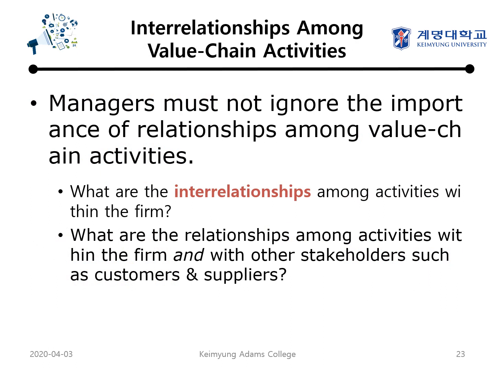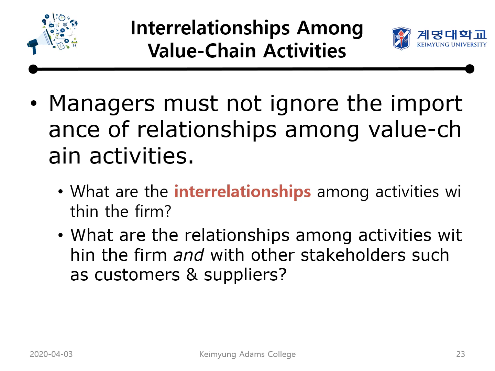Now, with all these categories of primary and secondary value chain activities, what is their relationship from one another? We mentioned that interrelationship is a collaborative and strategic exchange between value chain activities, either within firms or between firms.